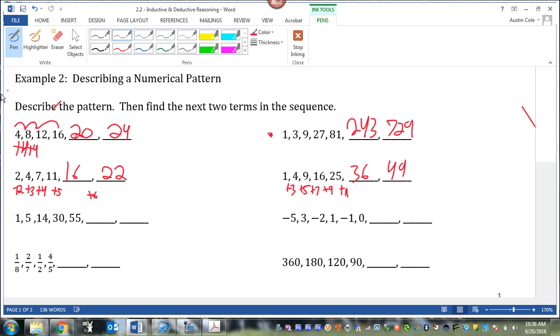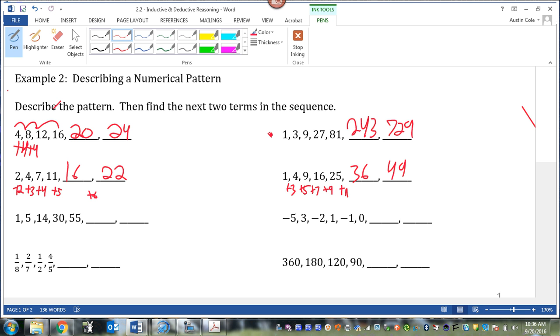5, 7, 9. 9, 16. 4, 9, 16, 25, 36. Your perfect square. Oh, 4, 16, and 25. Yep.